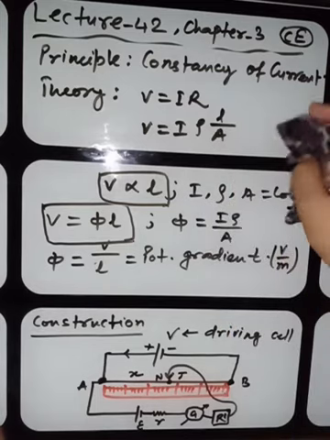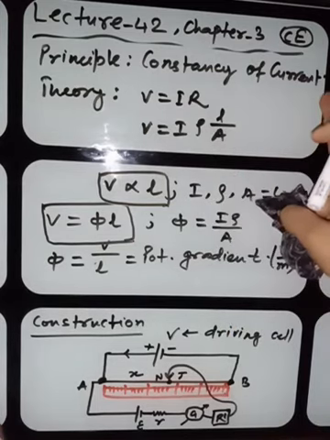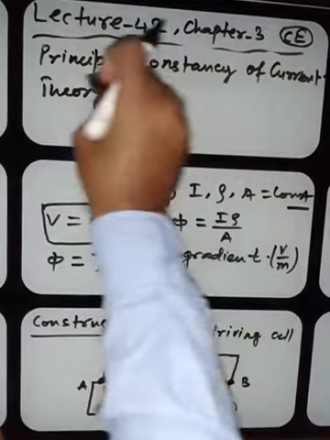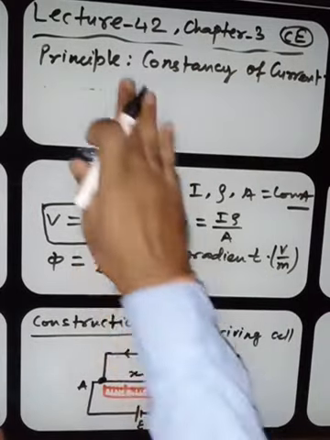You can continue, because directly "constancy of current" is not mentioned in several books, so you should add a few more words.